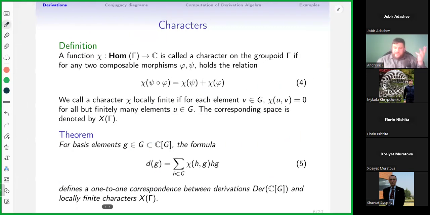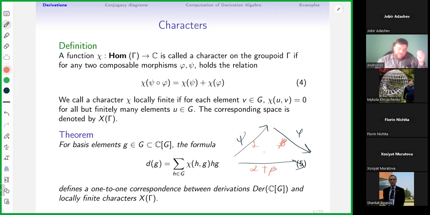Now we can define characters of this groupoid. As I told a little bit before, it's just a function on morphisms, on arrows. If you have two composable arrows, for example, like here, c and phi, and you write here a number alpha, here a number beta, then on the composition you must write alpha plus beta.